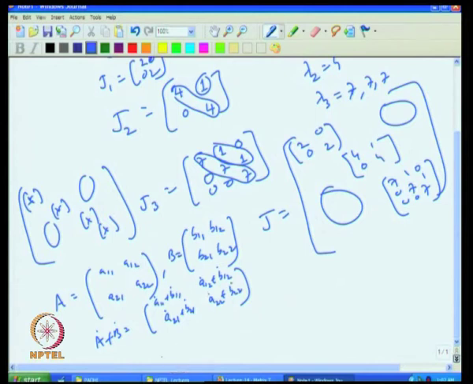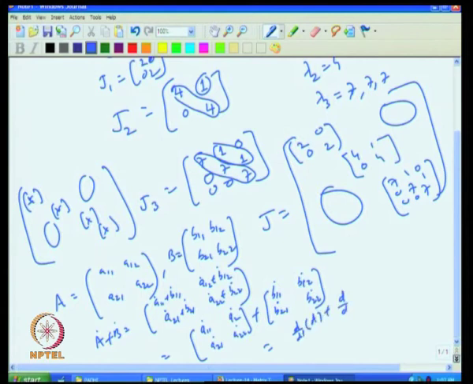Then I can decompose that and take out this as a11 dot, a12 dot, a21 dot, a22 dot, plus b11 dot, b12 dot, b21 dot and b22 dot. By definition I take the derivative outside again, and this is nothing but d by dt of the a matrix plus d by dt of the b matrix. So, this is nothing but a dot plus b dot. What we started with, d by dt of a plus b, the d by dt went inside to derivatives everywhere, then you separate it out and this is nothing but a dot plus b dot.